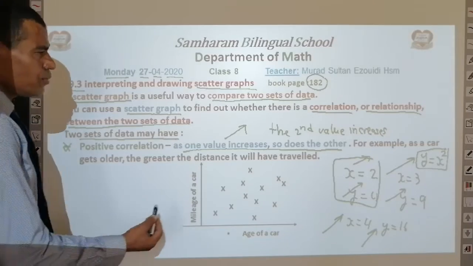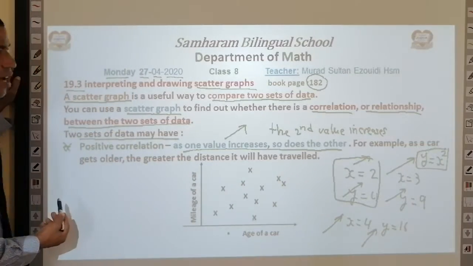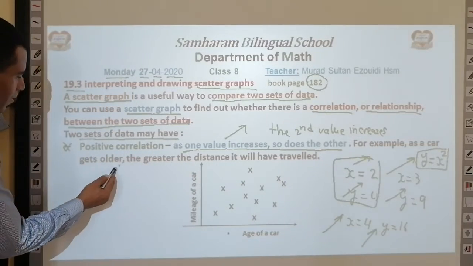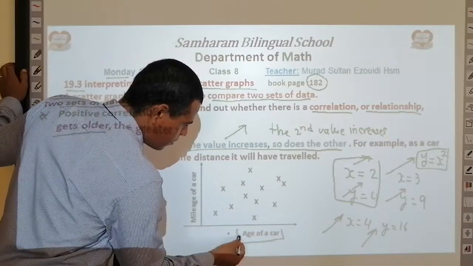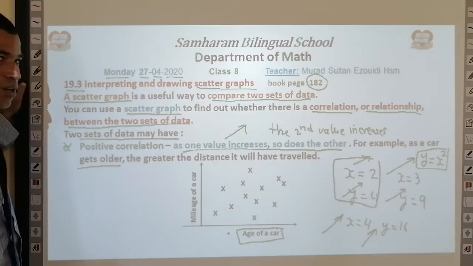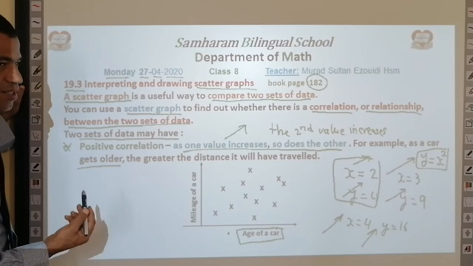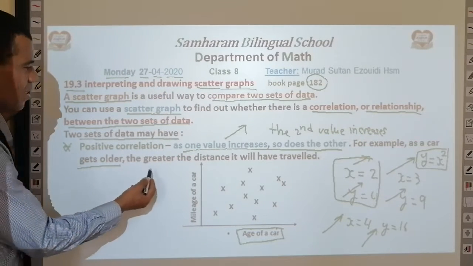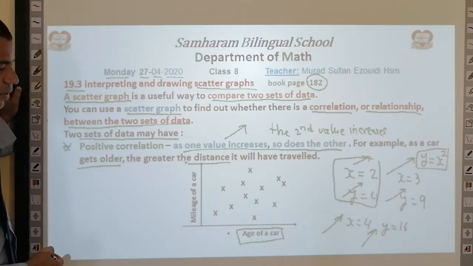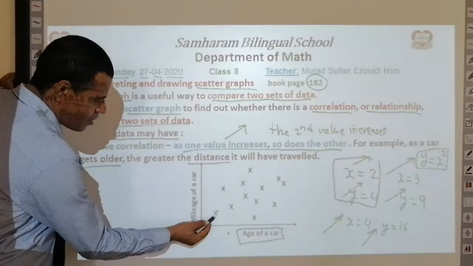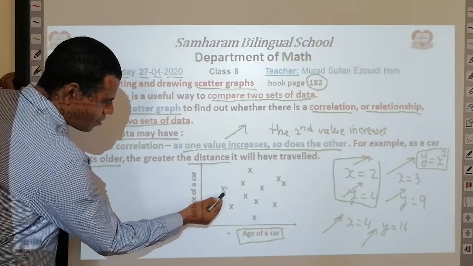Another example: the age of a car. The older the car is, the greater the distance it will have travelled. You can see these points.